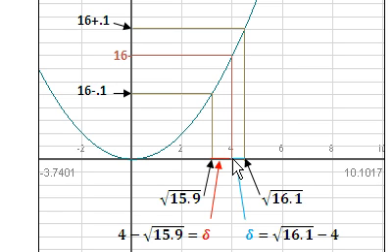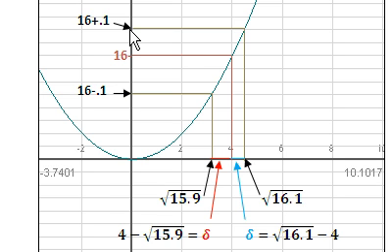But anyway, an f of x is going to land somewhere between 16 and 16 plus our epsilon, which is 0.1, which is here. So as f of x gets closer and closer to 16, there needs to be an x down here that's getting closer and closer to 4.